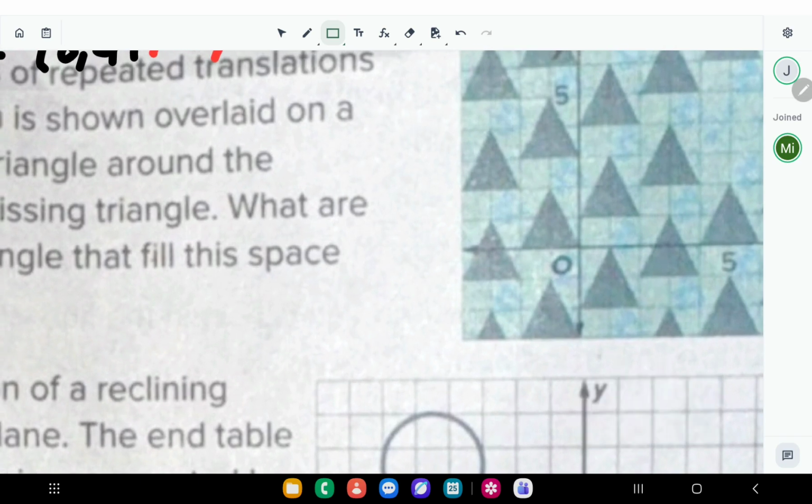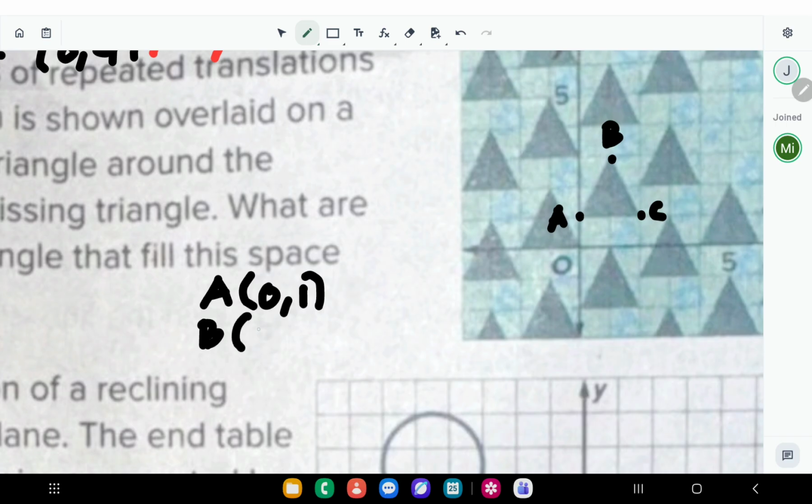Let's say this is point A, B, C. Okay, so what are the vertices? A is 0, 1. Then B is 1, 2. Then C, what is C? 2, 1.